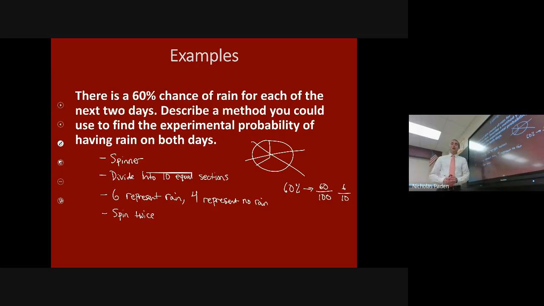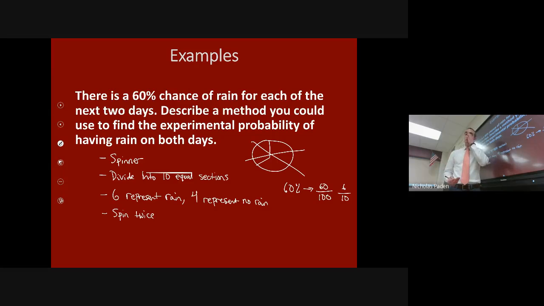Anytime you have something where the probabilities are not the same, you either need to use a spinner, a random number generator, or marbles in a bag. If you did a random number generator, you would want to use numbers 1 through 10. 1, 2, 3, 4, 5, and 6 represent rain. If it lands on 7, 8, 9, or 10, it represents no rain.